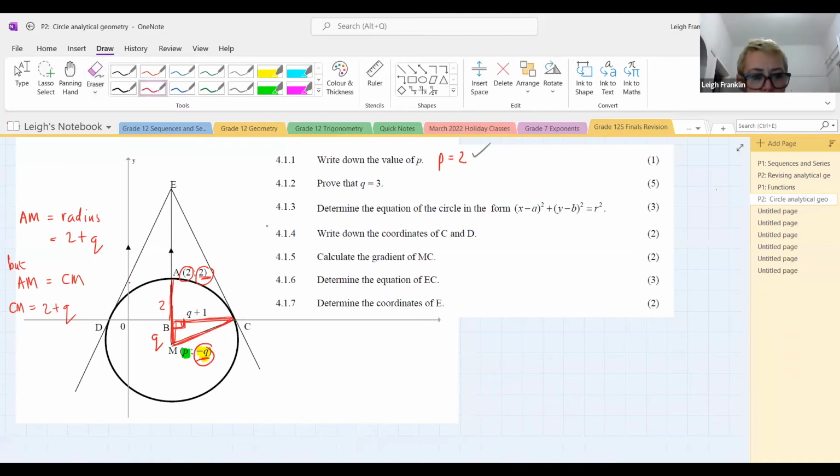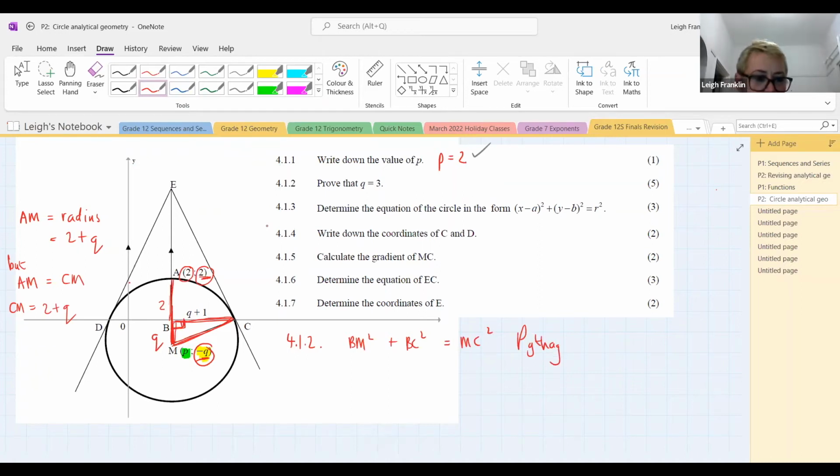So 4.1.2, this side over here, BM squared, plus this side over here, BC squared, is equal to the hypotenuse, which is MC squared.